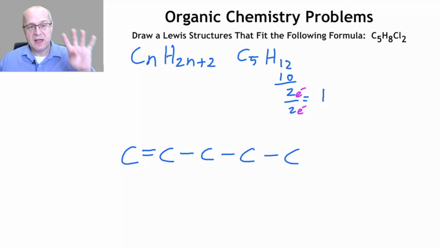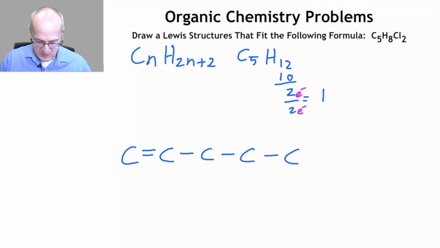Now remember, carbon has to have 4 bonds. So this carbon has 2 bonds so far. It has to have 2 more because it has to have 1, 2, 3, 4 bonds. I haven't put anything there yet, but I know there has to be something here.